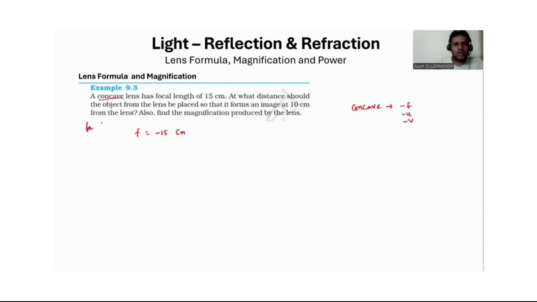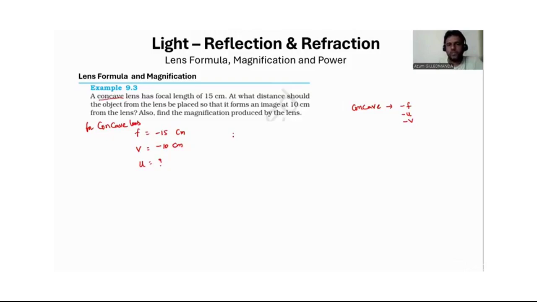For concave lens, the focal length is minus. And also what is given? The image is at 10 centimeter from the lens. So v is given. It's a virtual image, so it is also a minus value. So you need to take it as minus 10 centimeters. Also find its magnification. Okay, fine. So at what distance the object needs to be placed? So u we need to find.